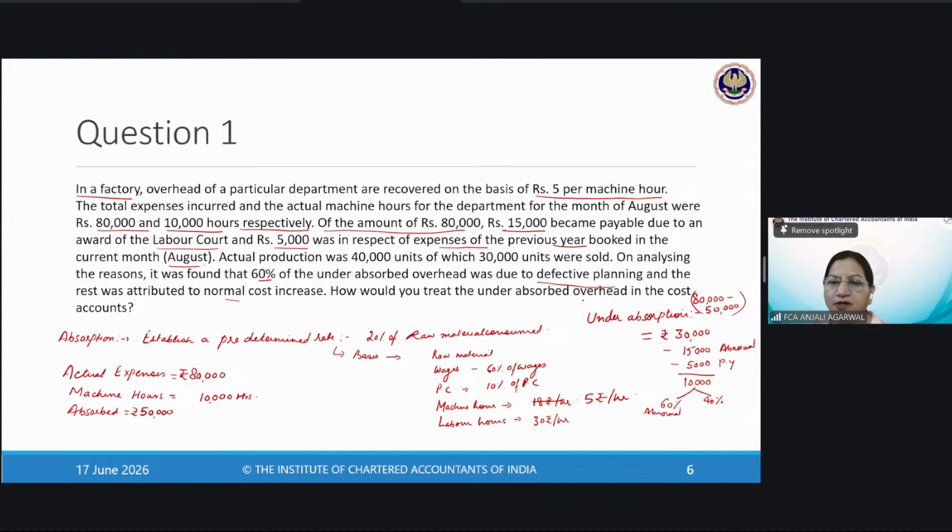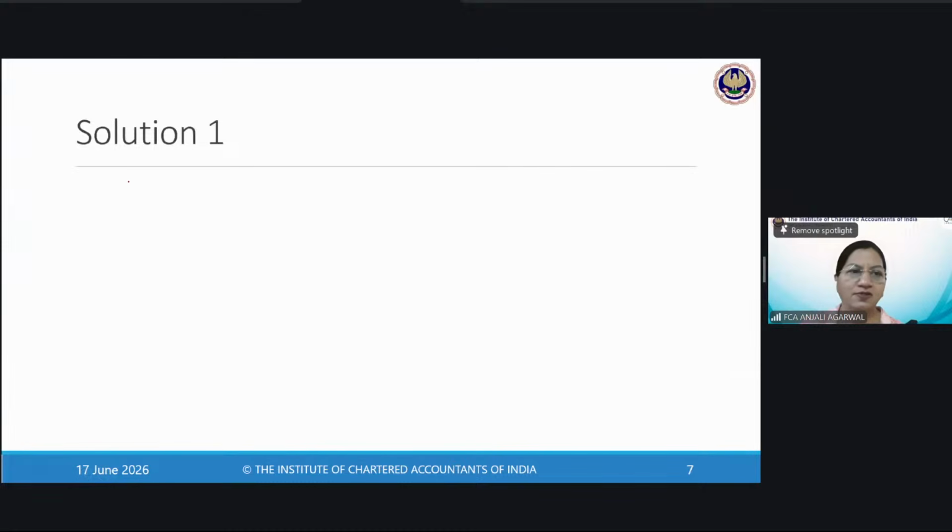How would you treat the under-absorbed overheads in the cost accounts? So let us first look at this. Actual overheads incurred, 80,000.